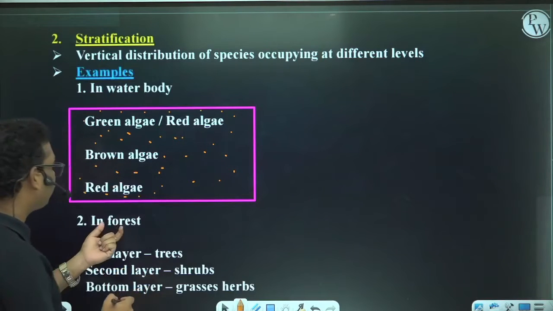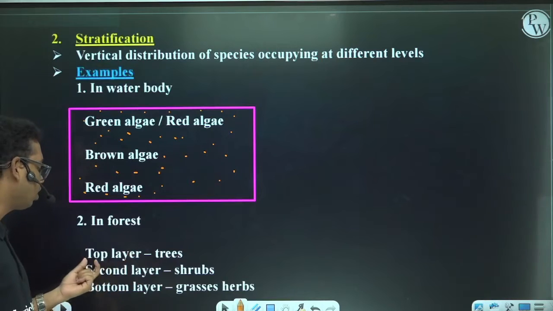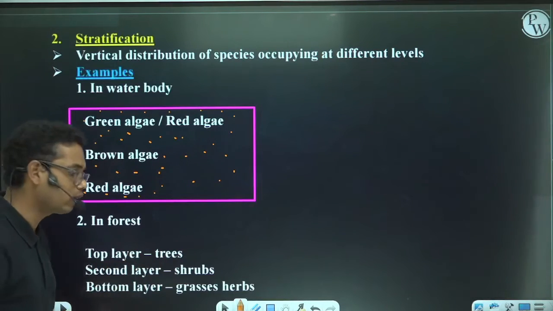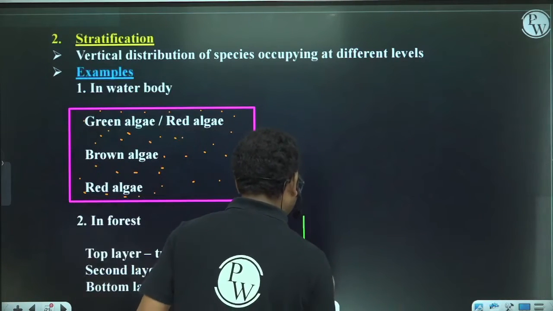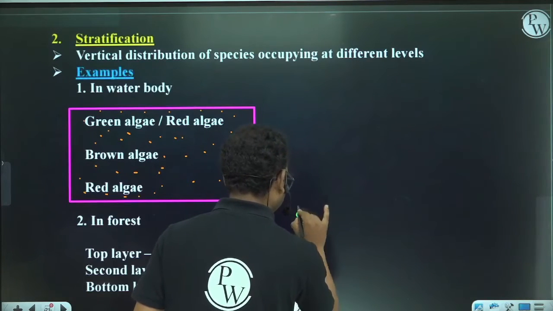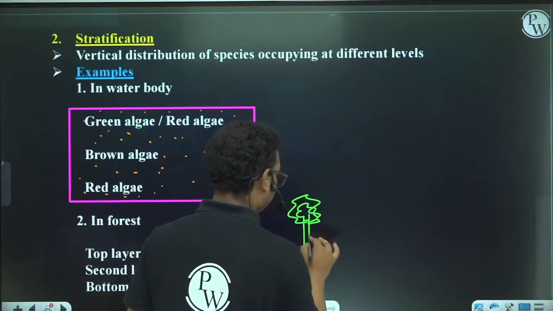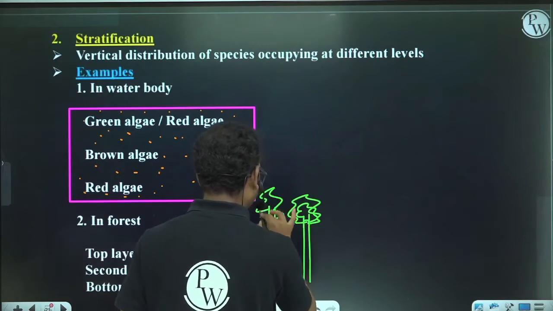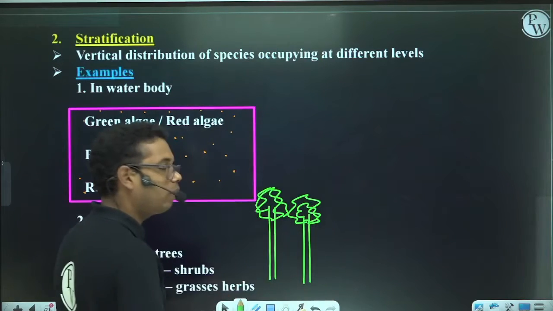And if I take the example of a forest, in the forest the top layer will have trees, the second layer will have shrubs, and the bottom layer will have the grasses or herbs. So let me draw the diagram here so that you can understand. These are the trees. This is the first or top layer.